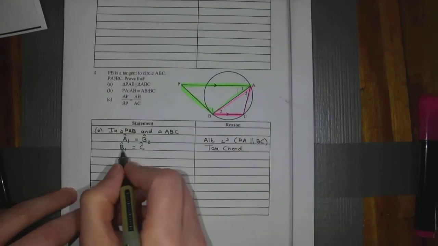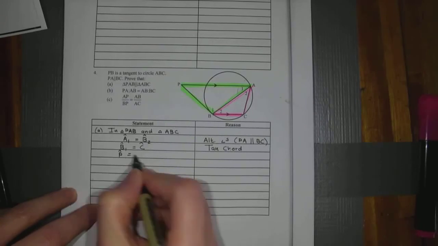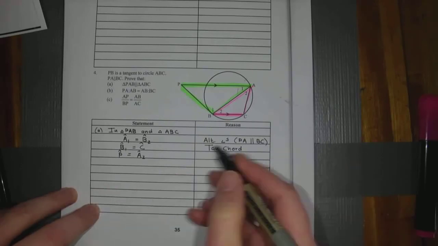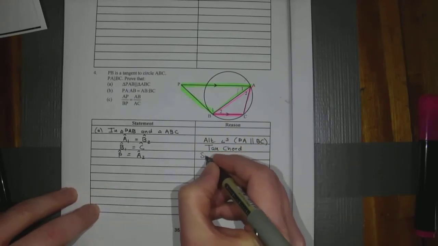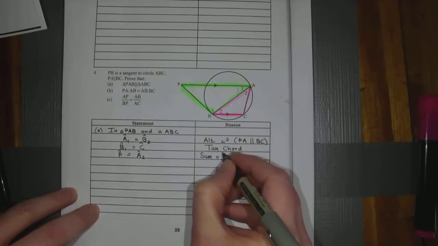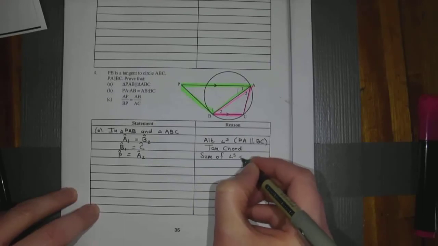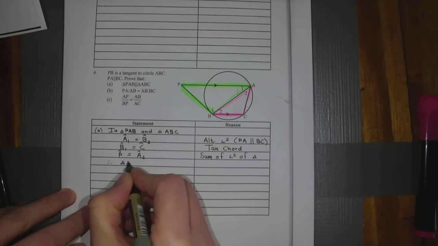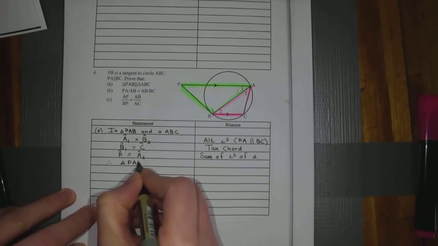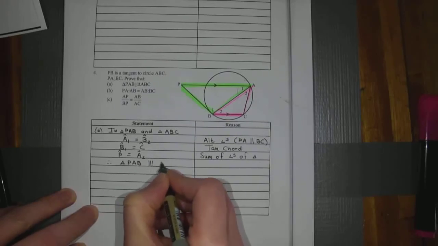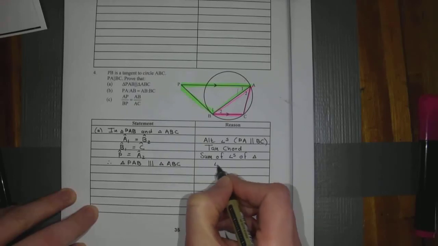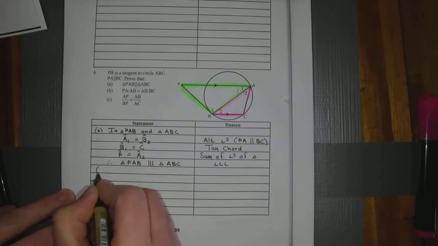So I can go back to that angle P equal to angle A2 because of sum of angles of a triangle. And therefore, triangle PAB is similar to triangle ABC. Reason: angle, angle, angle.